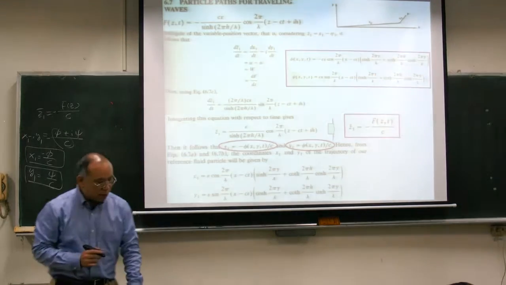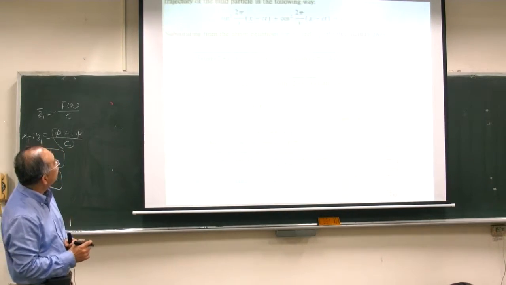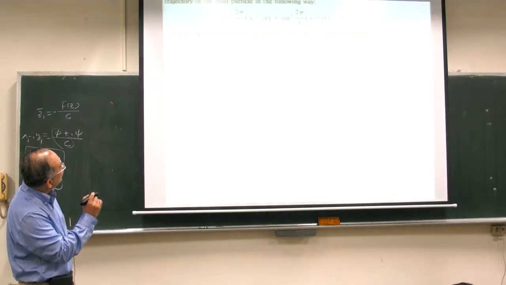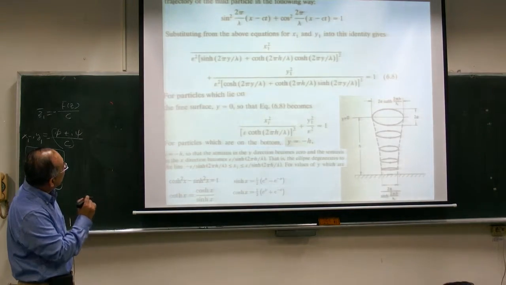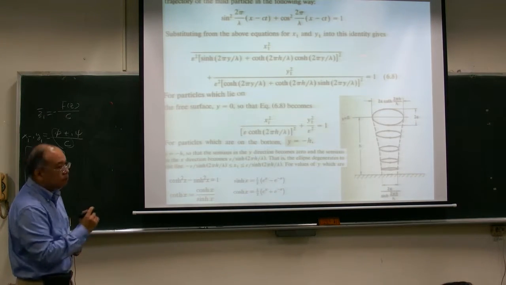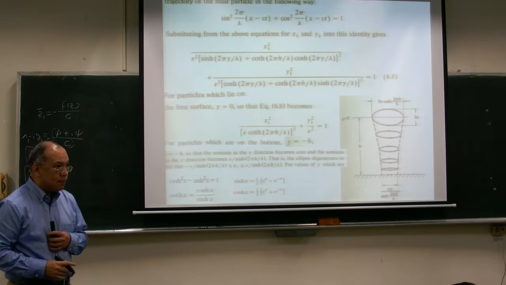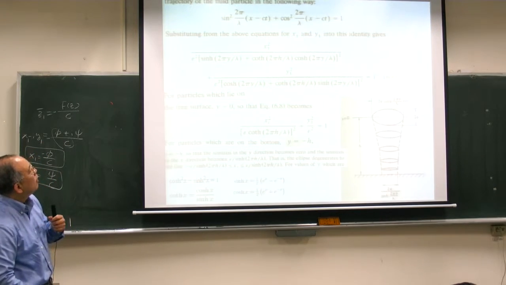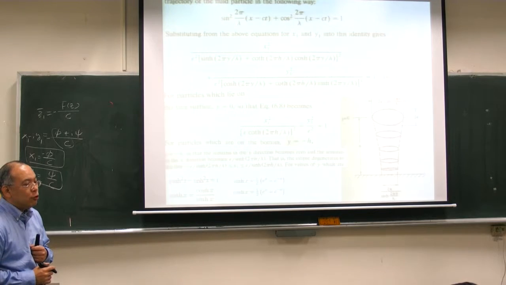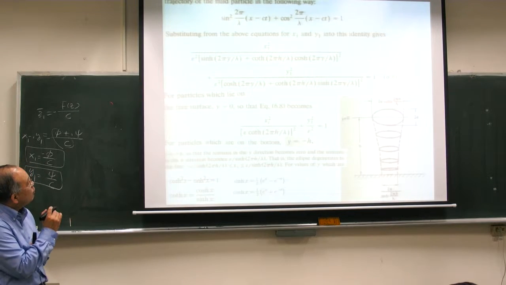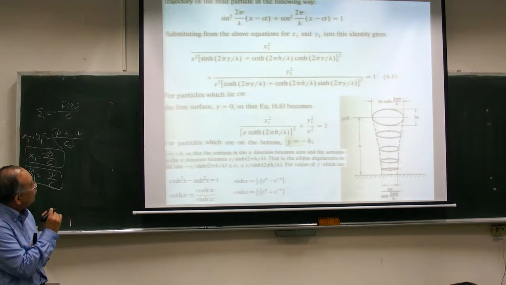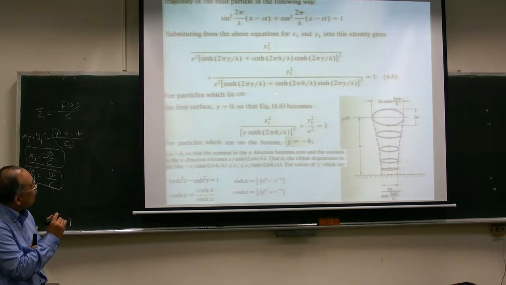And I substitute this cosine and sine function into this equation, I can give you this relationship equal to 1. Okay? And what does this relationship look like? x1 squared divided by a constant plus y1 squared divided by a constant equal to 1.